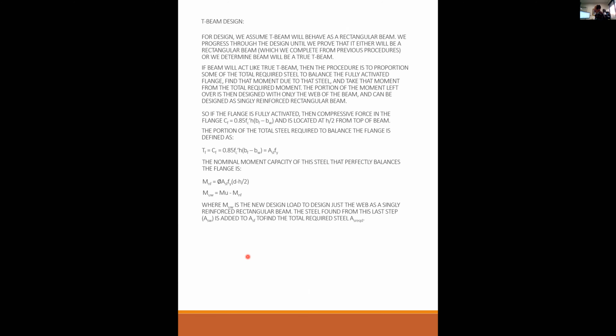You don't know how much steel you're going to provide until you figure out how much steel you need. So this is the procedure. Once As required is determined, then you pick a reinforcing scheme, number and size of bars. Then you perform your 3 checks: maximum steel, minimum steel, and your final capacity check.